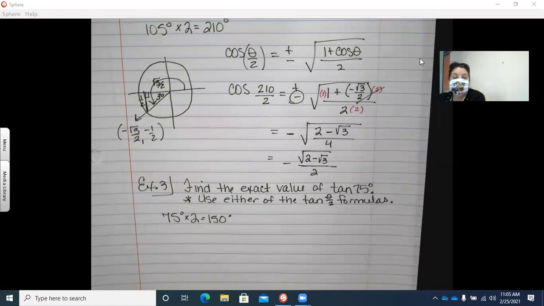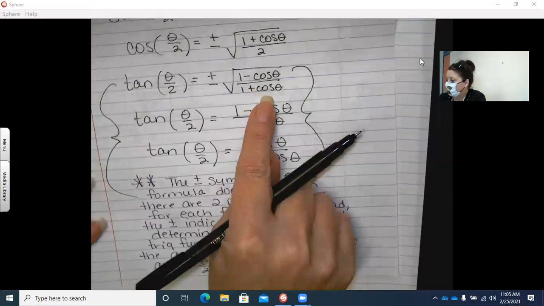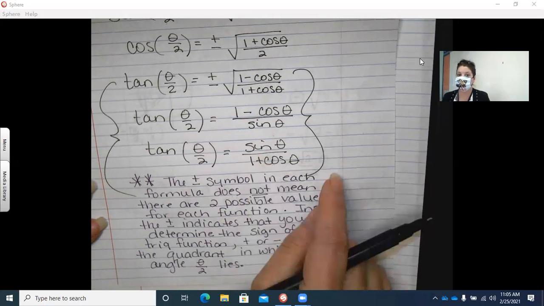But it's all under the radical, which is a little bit confusing. The other two aren't under the radical, but we need to know sine and cosine, and those both look like the same bit of difficulty. So you pick what you want. I'm probably going to choose one that's not under the radical. I'll have to find the sine and cosine first, but we can do that. No biggie.